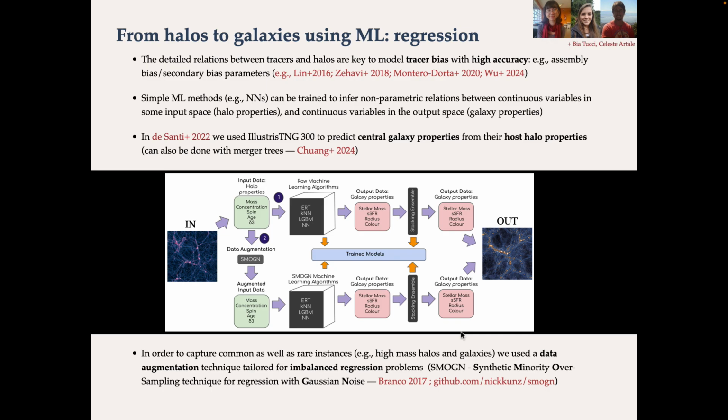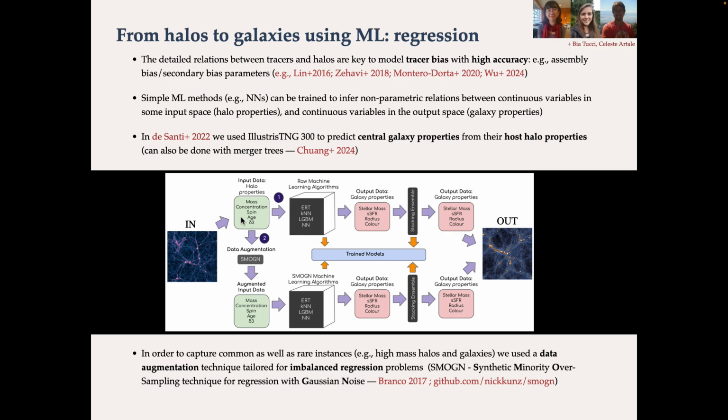So the earliest attempt that we did for this was to just try a regular regression to treat the way in which we go from halos to galaxies as a regression problem. So basically, we use the halo properties and we try to obtain through regression the galaxy properties like stellar mass, star formation rate, radius of the galaxy, and color.